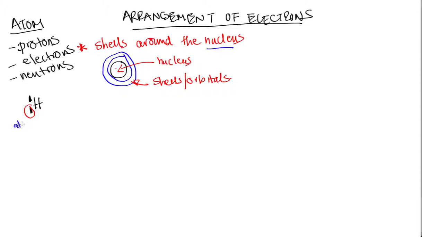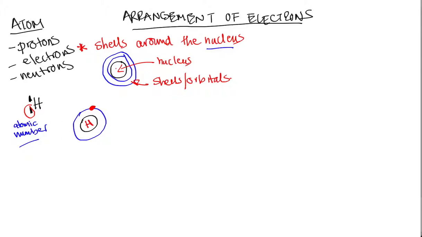So it's the atomic number that we use when we are trying to figure out the atomic structure. So for hydrogen, for example, if that's the nucleus, and that is one of the shells, in fact there's only one shell for hydrogen, then the electron is right there, and this is hydrogen as the atomic symbol.